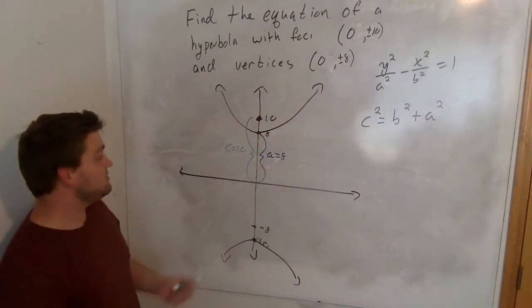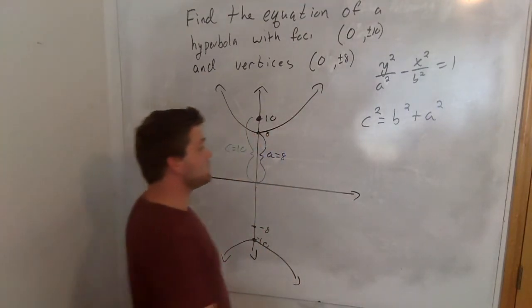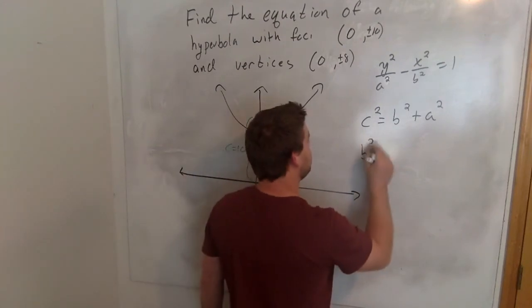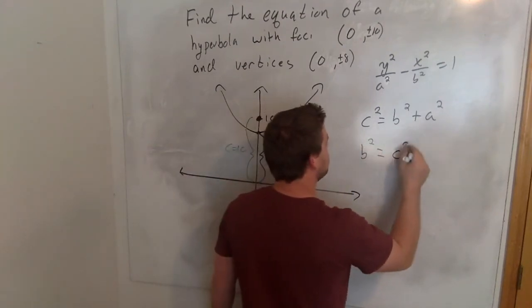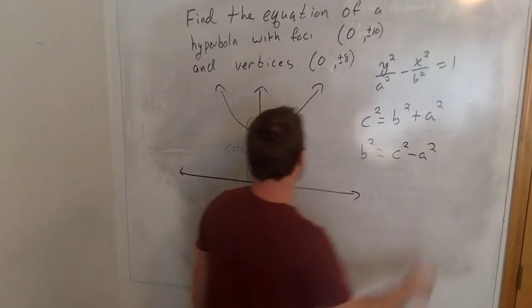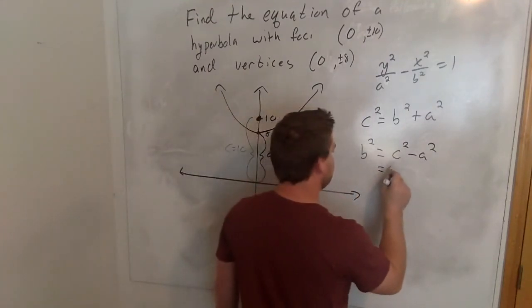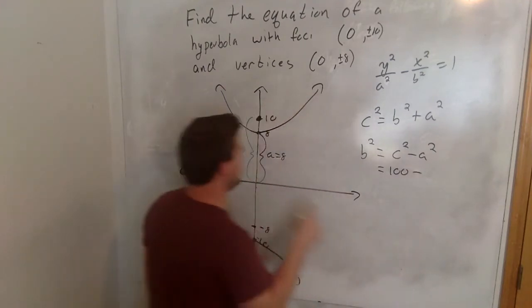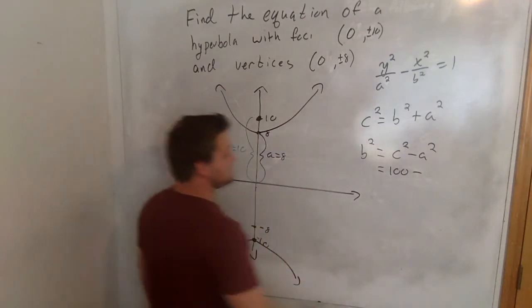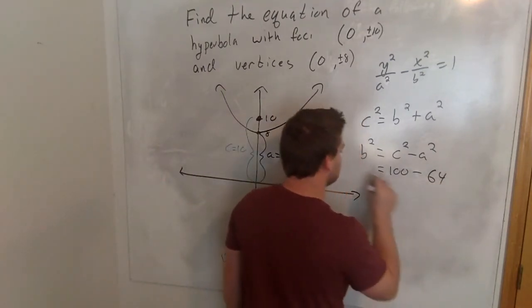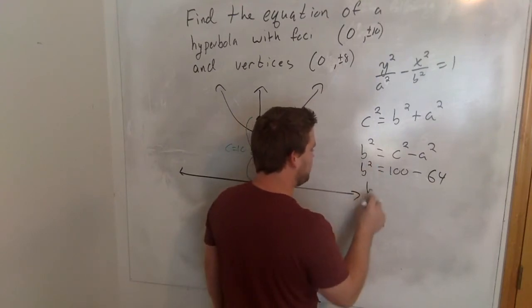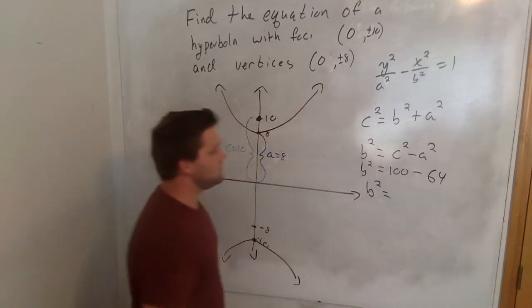In this case, we could solve for b squared. So here we would have that b squared would then be equal to c squared minus a squared. Well, c is 10, so c squared will be 100. Okay, a is 8, so a squared will be 64.